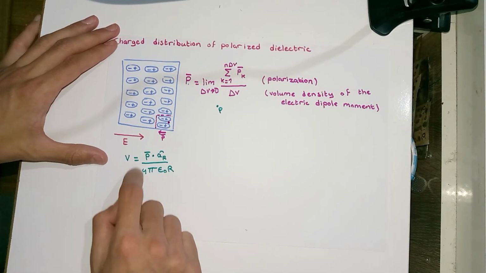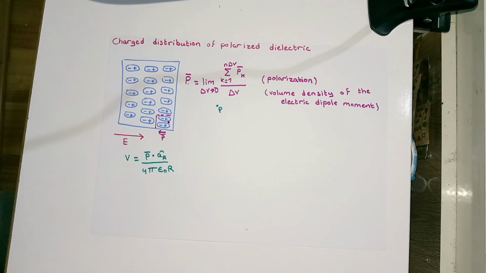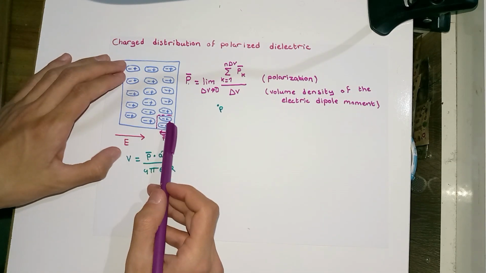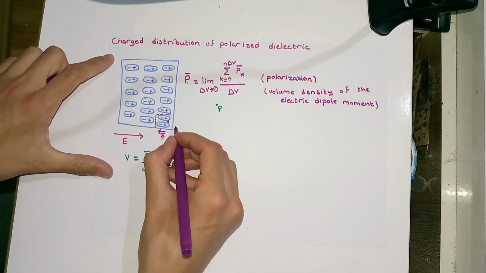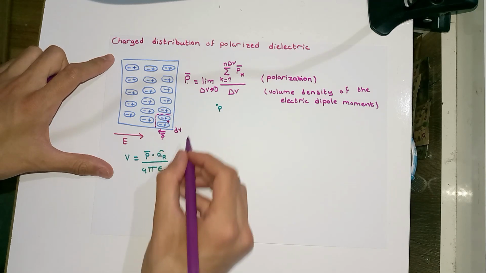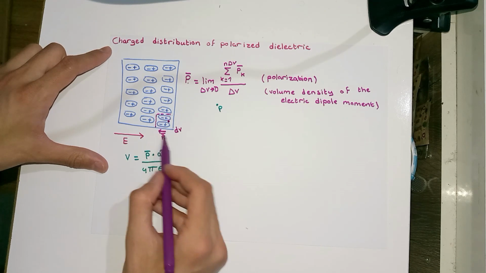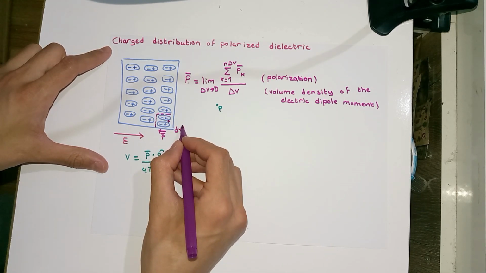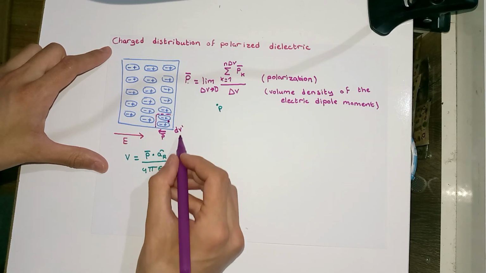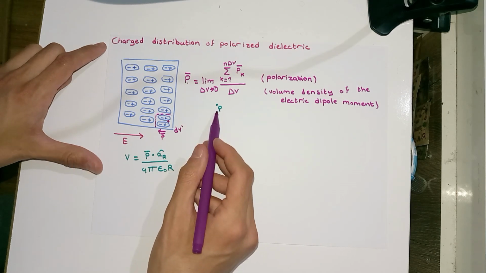As we have a continuous dipole moment inside this polarized dielectric, we are going to find initially the dipole moment due to this elemental volume. Let's call this elemental volume dV. To avoid ambiguity between the coordinates for the dielectric and the point, I'm going to use primed coordinates for the dielectric and unprimed coordinates for the point.